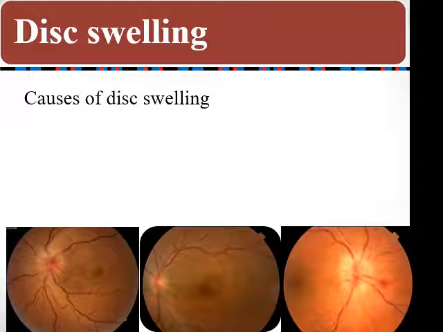It presents as a white papilledemic disc. Other occlusive disease, such as central retinal vein occlusion, is sometimes associated with disc edema. Leber hereditary optic neuropathy may be associated with disc edema.